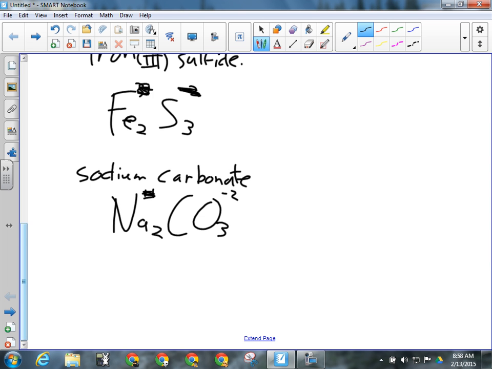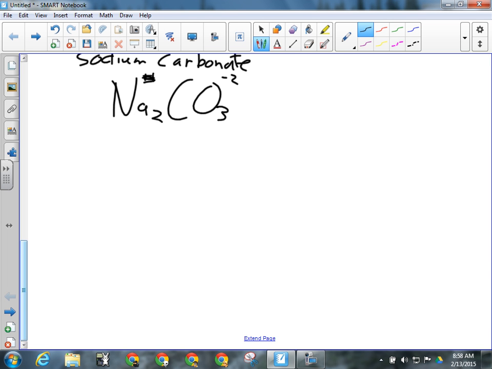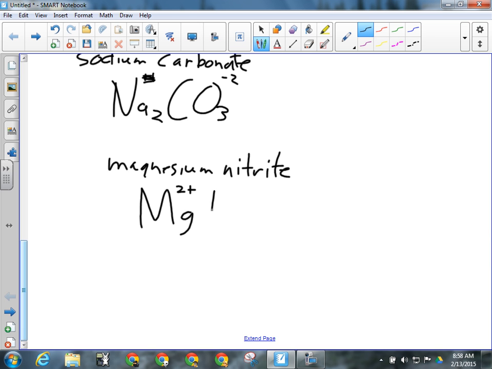Okay, another example of that is when we have to use brackets. So if we have, let's say, magnesium nitrite. Obviously it's ionic because it's got a metal in it. Magnesium is 2+, nitrite is NO2, and it's got a -1 charge.